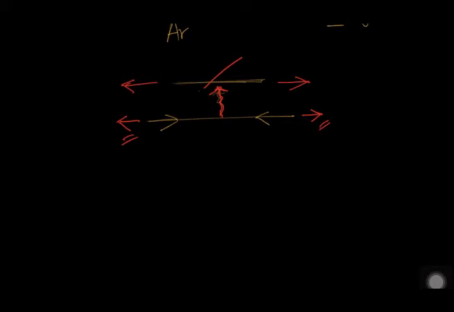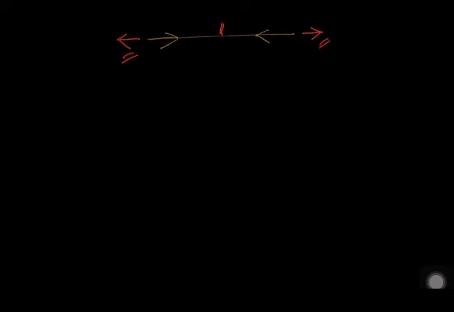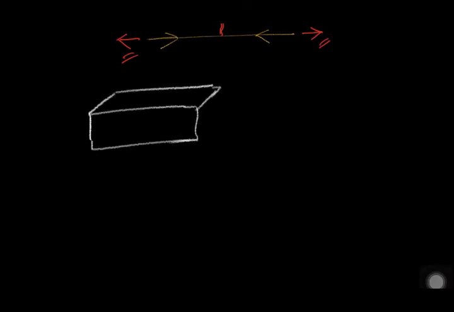But what if we had a body, and what if I apply some force P1 in this direction, and P2 in this direction, and P3 in this direction? Will the stresses be the same? That is, will the stresses be normal only?